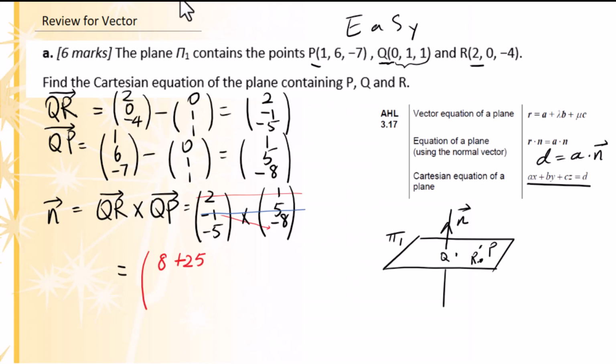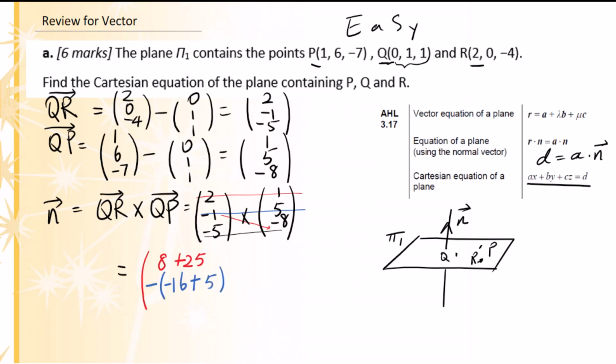Cross out the second row, 2 times -8. Remember, we have a negative sign, -16, minus -5 times 1, plus 5.